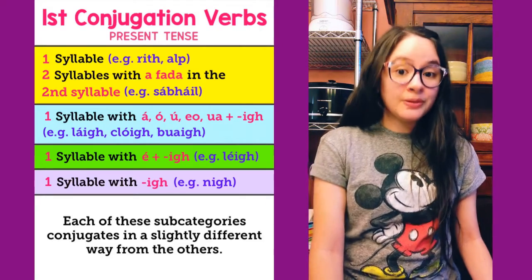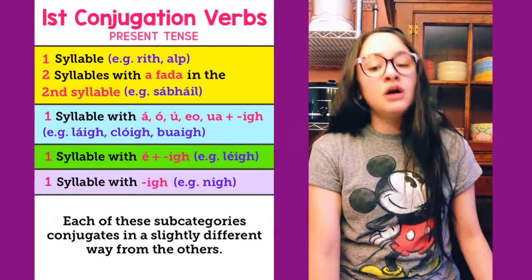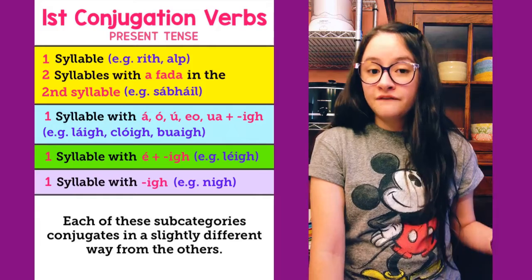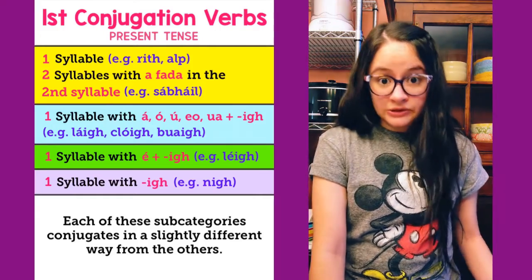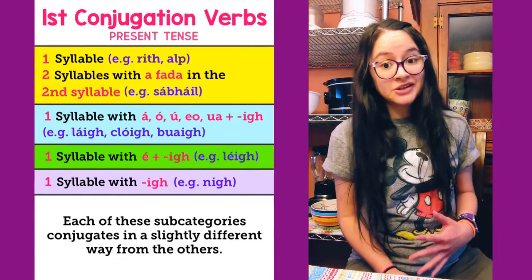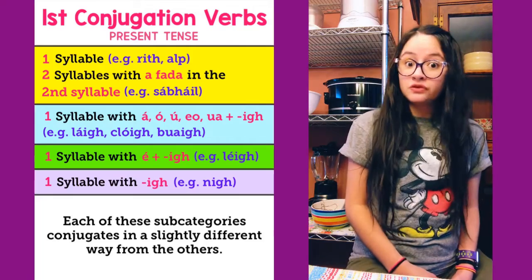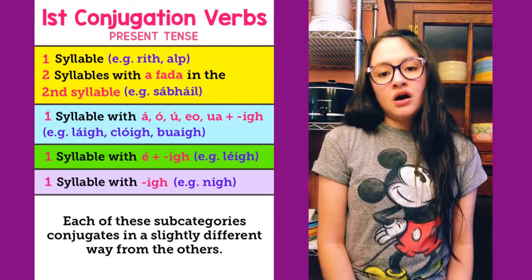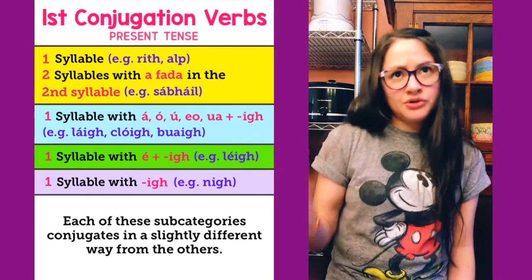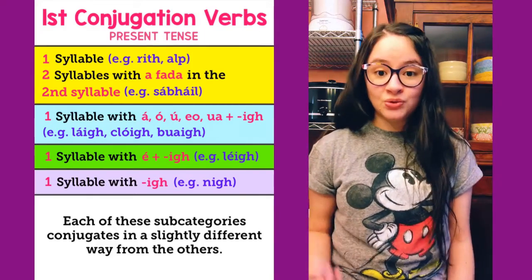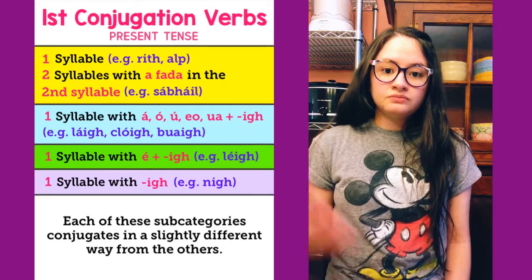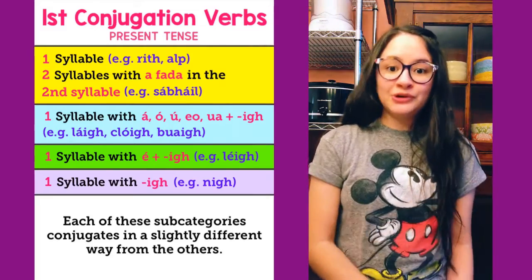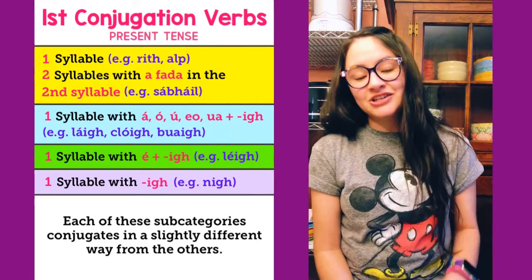Also in that same subgroup are two-syllable verbs where there's a fada in the second syllable. A fada is just one of those accent marks you see sometimes over vowels. Those words with the fada in the second syllable are the only subgroup that breaks the rule that first conjugation verbs are generally one syllable and second conjugation are two.